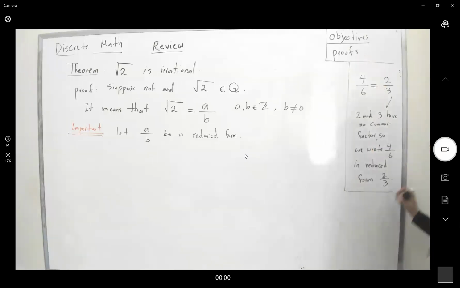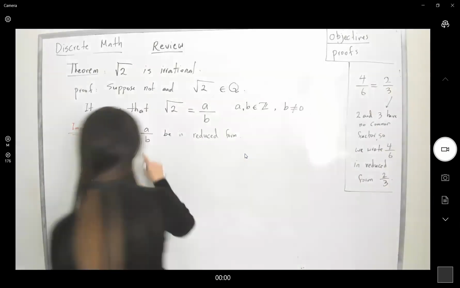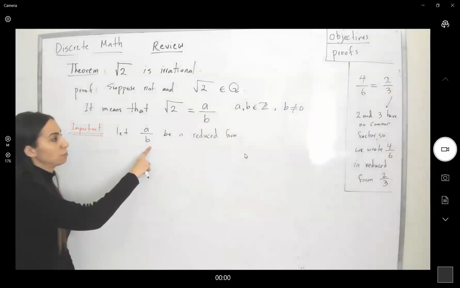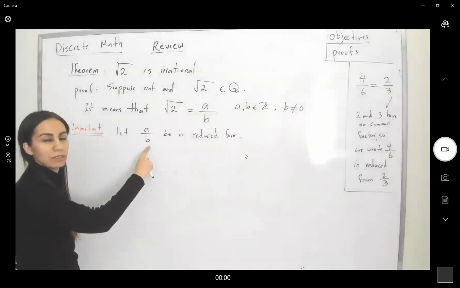This is what you learned from algebra. We just simplify this fraction, you write it in reduced form. What's the reduced form? 2/3, no common factor between 2 and 3. So there is no common factor between a and b. Very well.